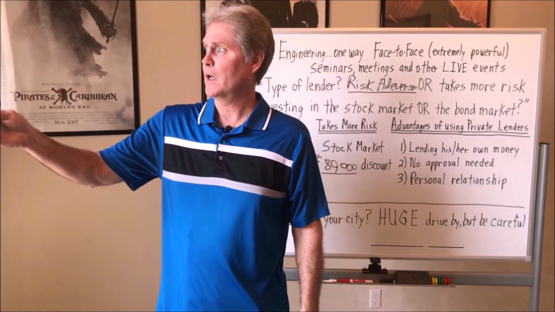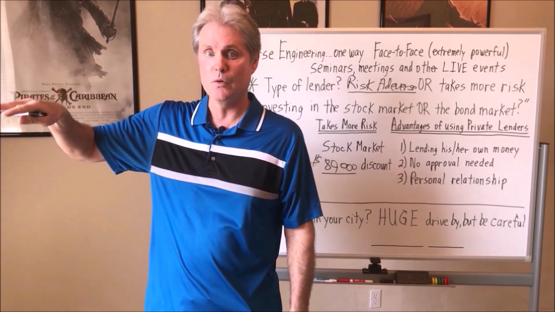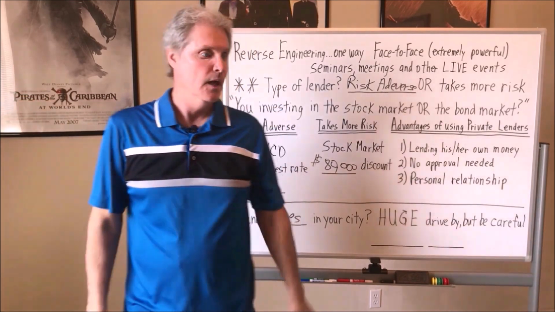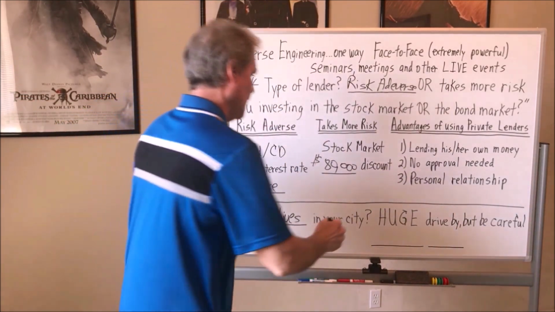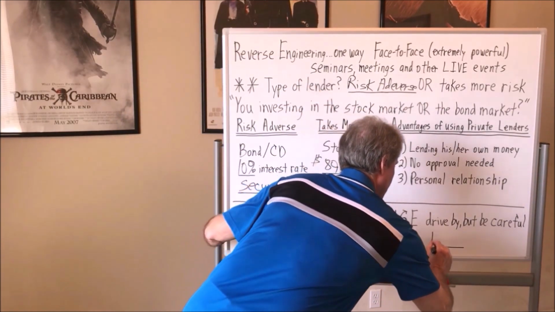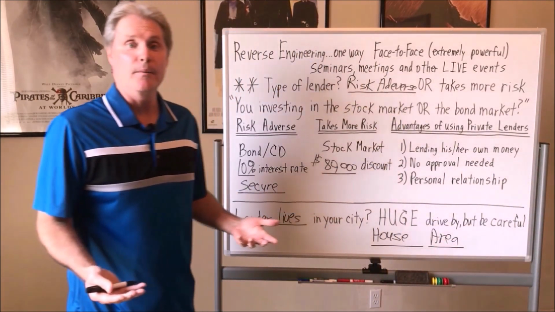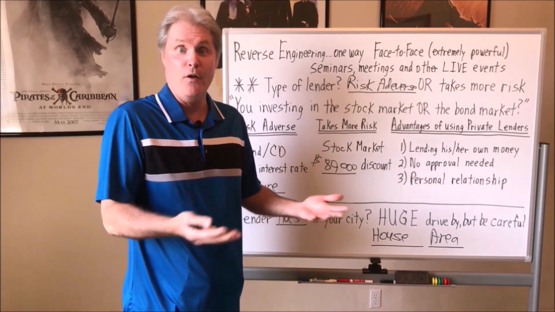I'm buying wholesale deals in Austin, and if my private lender also lives in Austin or the surrounding county, real close, I'm going to consider driving by and taking that private lender. I'm going to look at the house and the area. So let's say it's in a pretty good area, and the house is a pretty good house. I mean, it's not falling down.